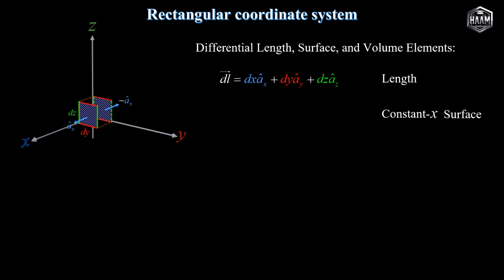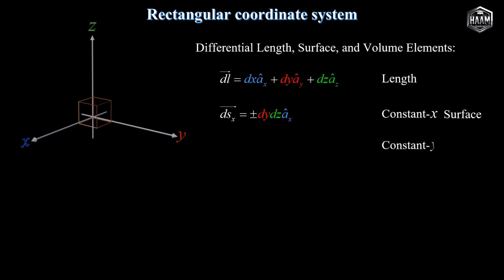If we wish, standing on that surface, to move outward from the volume moving perpendicular to the surface, we must move in the direction of negative a hat sub x for the back surface. Therefore, ds sub x is plus or minus dy dz times a hat sub x, positive for the front, negative for the back.